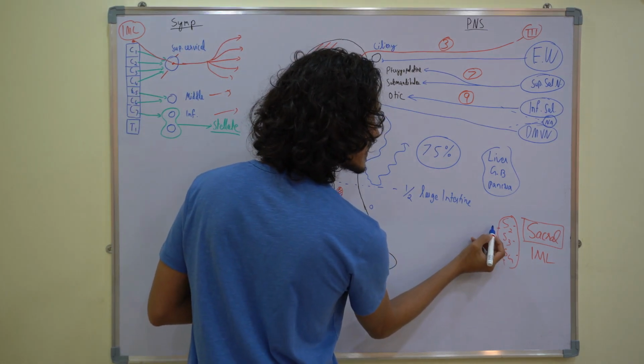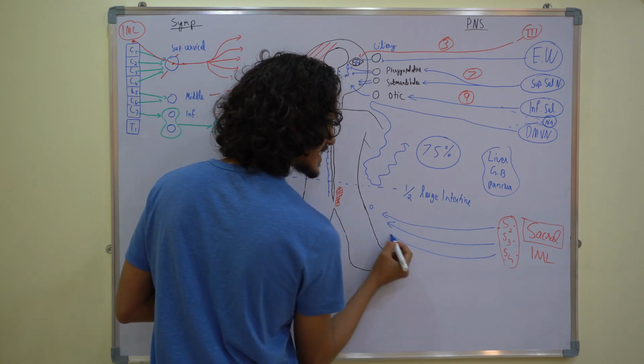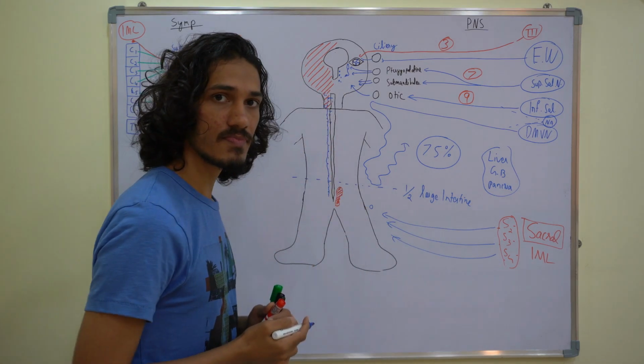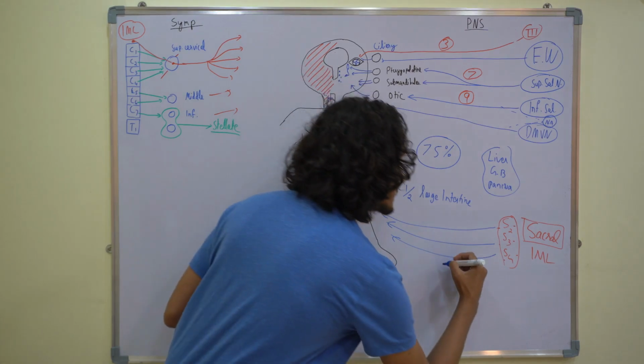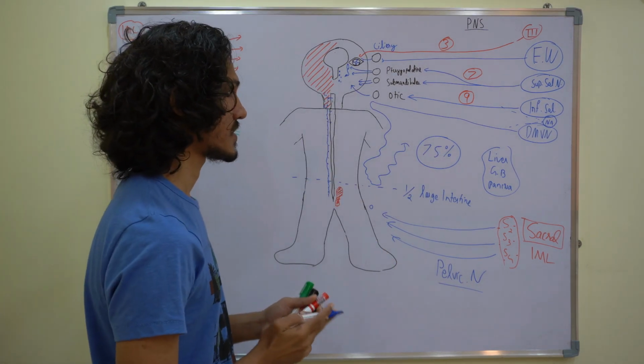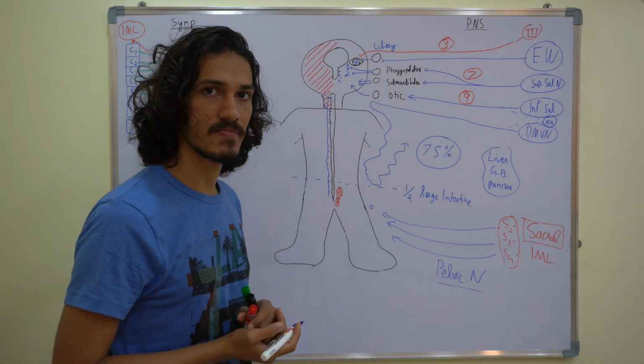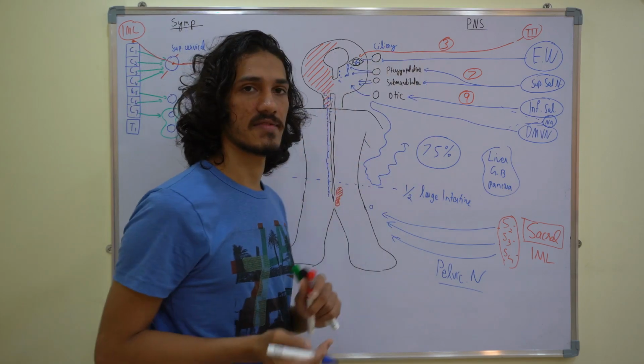So from here, these fibers are going to go to different ganglia here and supply, right? So these form the set of pelvic nerves. Alright, so basically we just covered pretty much the entire part of the body through your parasympathetic nervous system.